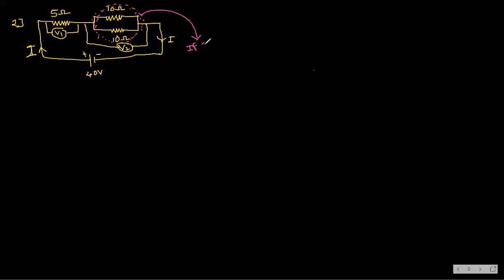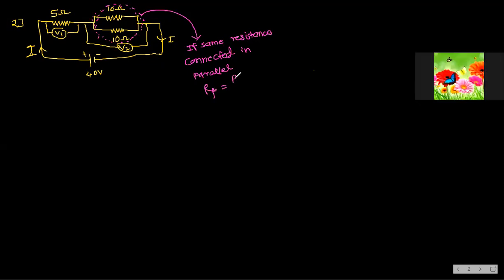If the same resistance R is connected in parallel N times, then Rp is equal to R by N. R is 10 and N is 2, so you get 5 ohm.